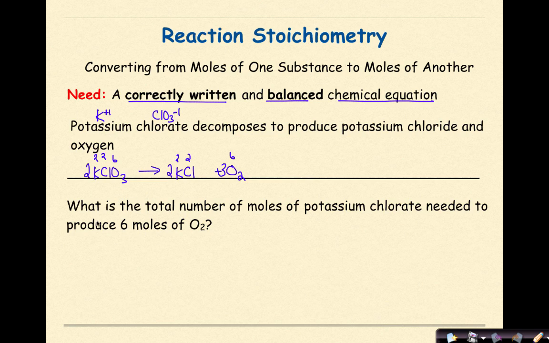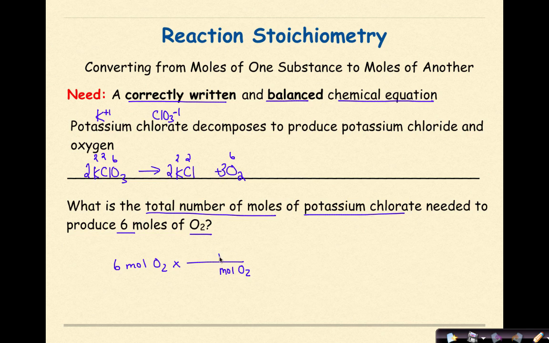Answer this problem. What is the total number of moles of potassium chlorate needed to produce 6 moles of oxygen? So my given is 6 moles of oxygen. I need to convert this into moles of potassium chlorate. So my units for the bottom of my conversion are going to be moles of O2.